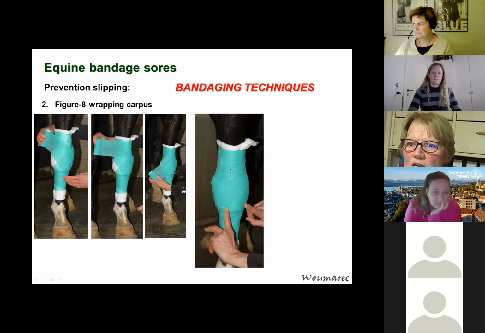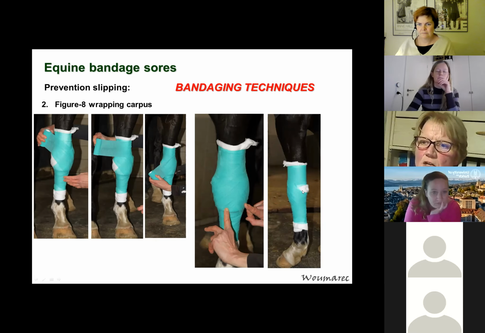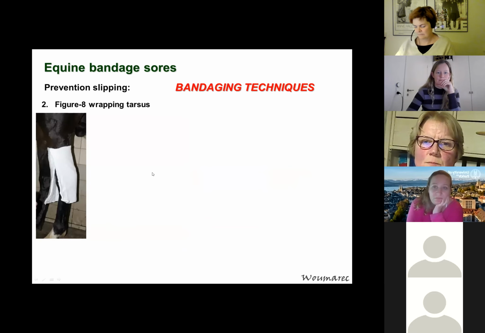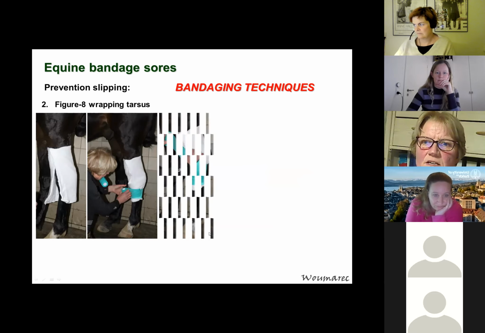And in this way you have a very nice bandage that fits very well. And the other practical point is that in this way of bandaging, you leave open the side of the accessory carpal bone. On the tarsus, you can do the similar thing. So again, gamgee, you start at the lower side of the bandage. You must be prepared that you need 2 rolls of elastic bandage.